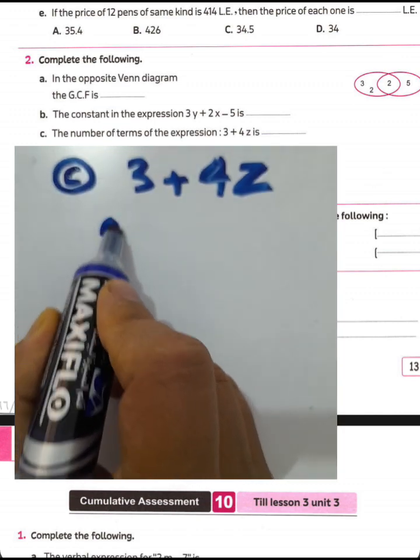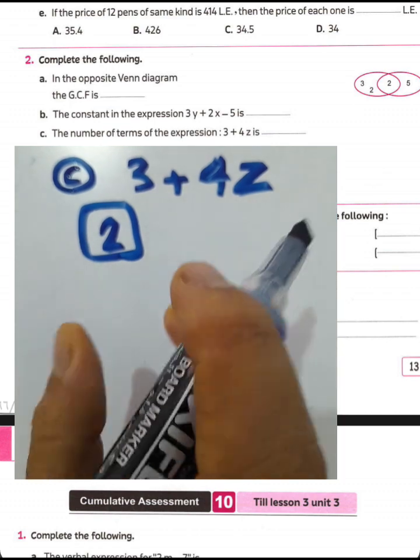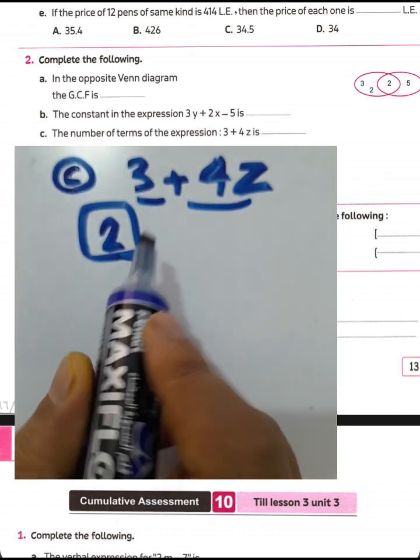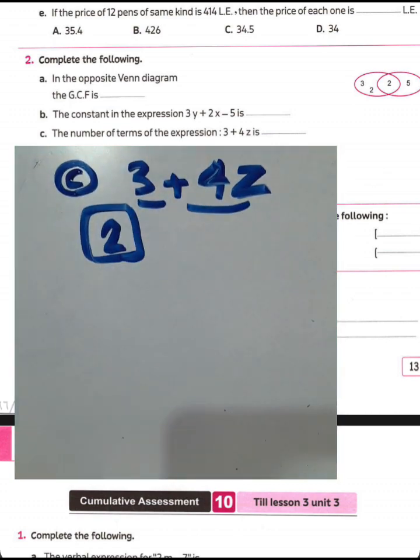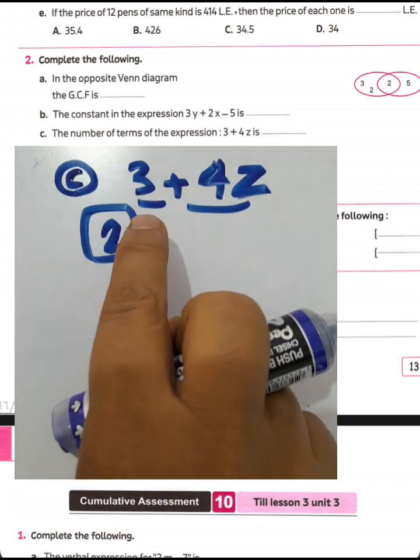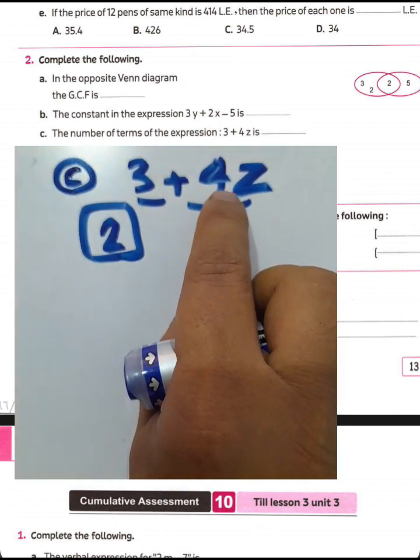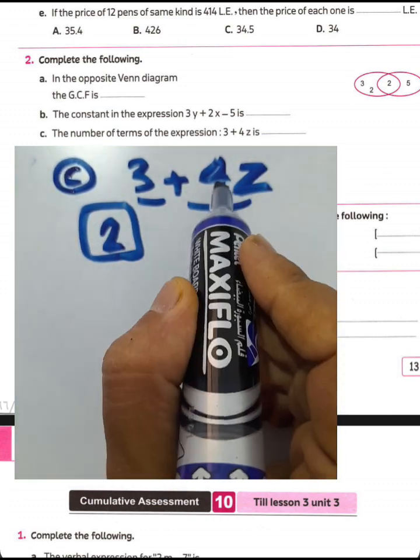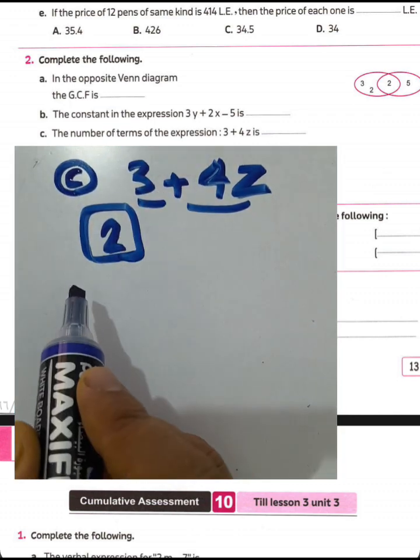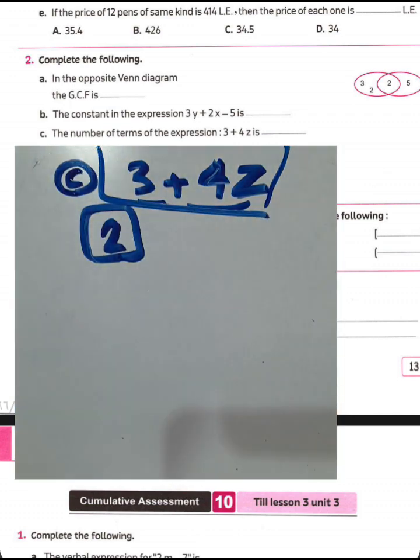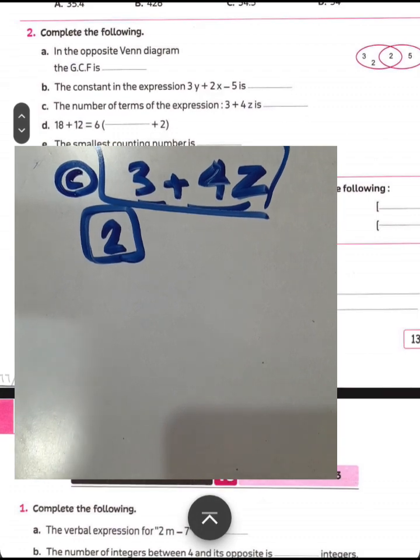The result will be 2. 1, 2, we have 2 terms here. 3 is the constant. 4 is the coefficient of this expression. He asked how many terms here? The result will be 2. Question letter D.